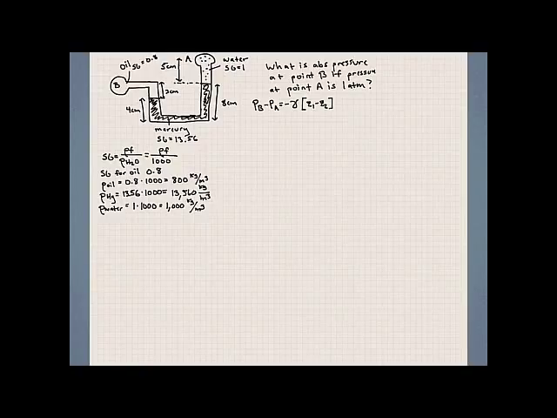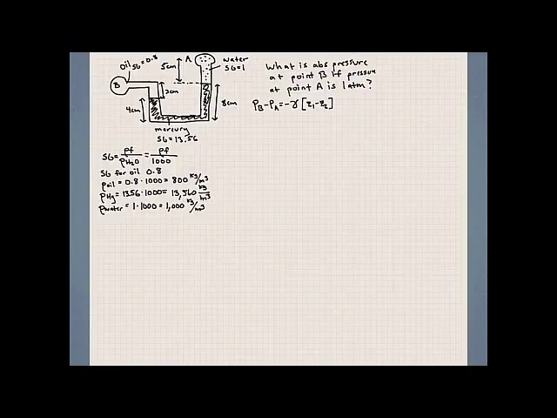Now, this relation may not mean much to you at this moment, but what we're going to do is traverse ourselves through this manometer, and depending on the point we start and the point we end, we're going to designate the sign convention for our height.